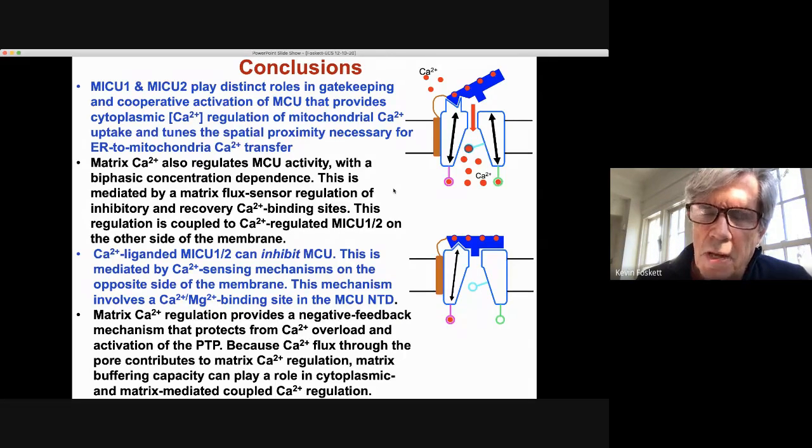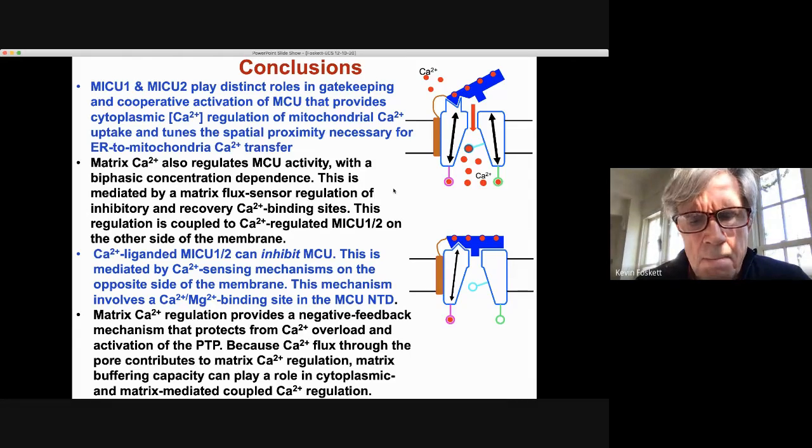We've been focusing on the 293 cell type, because of the genetic models that were afforded to us there, and we've only really looked at this matrix regulation there.